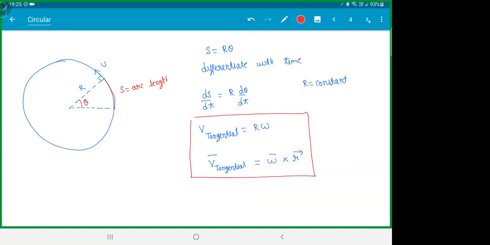Vector form is this, magnitude is V is equal to R omega. Be careful, it's not the full velocity, only the tangential velocity is equal to R omega. Clear, everyone?